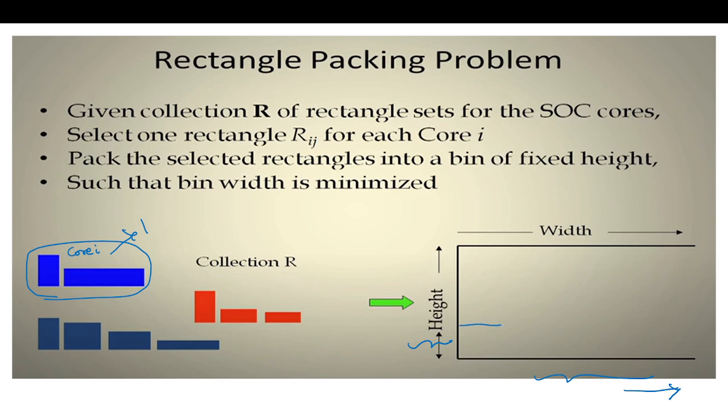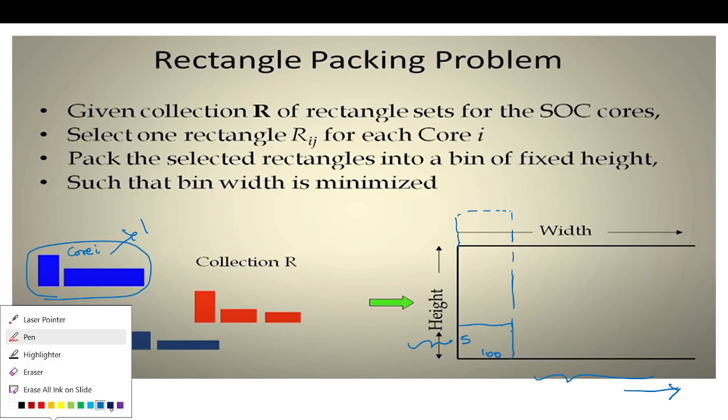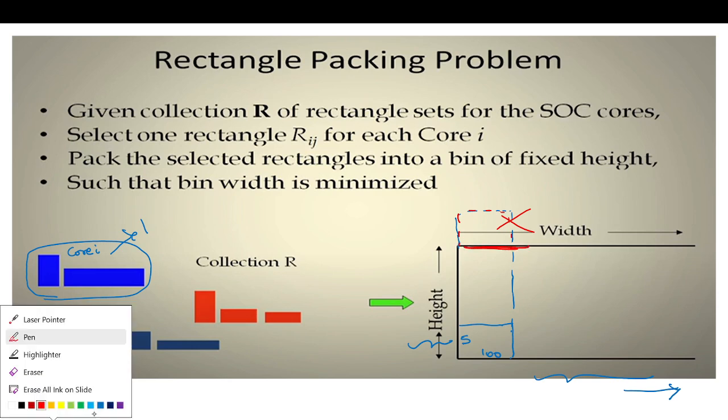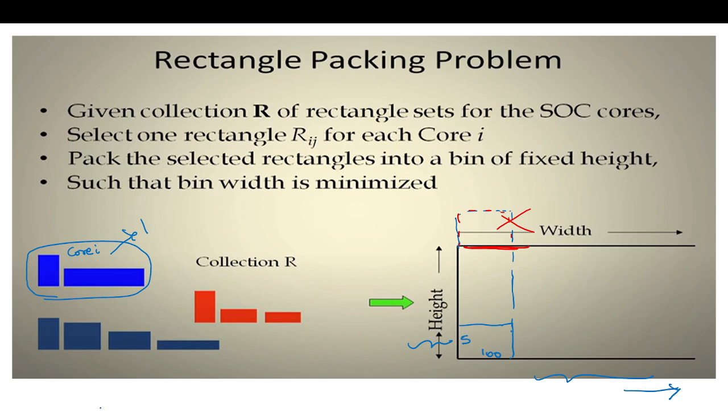Say I write a 5 and 100 here. I can't place another rectangle like this. This is not allowed. I can't exceed this TAM width. Not this rectangle height, but the TAM width.